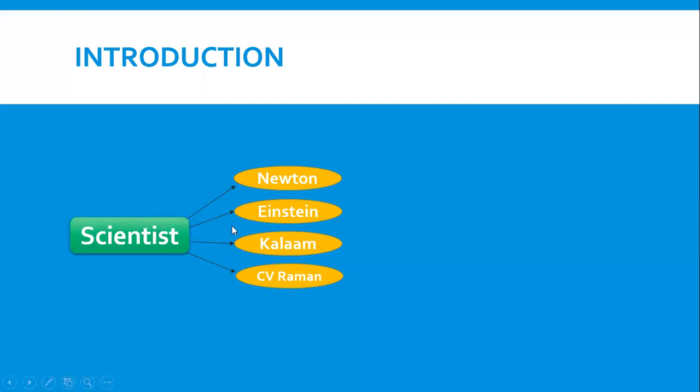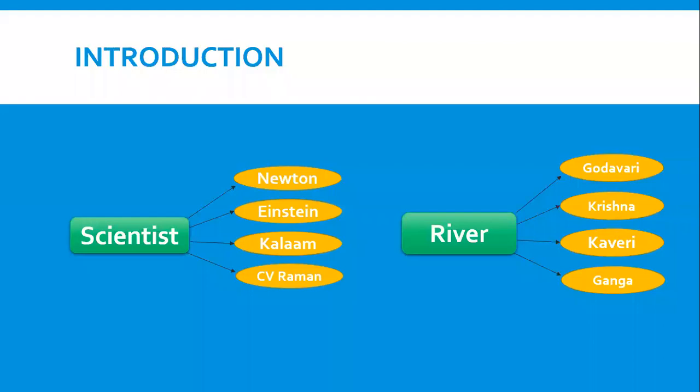A class is a general representation entity, and an object is a specific representation entity. Similarly, river is a class where Godavari, Krishna, Kaveri, Ganga are all objects. These are the persons derived from the class called scientist, and these are the rivers derived from the class called river.